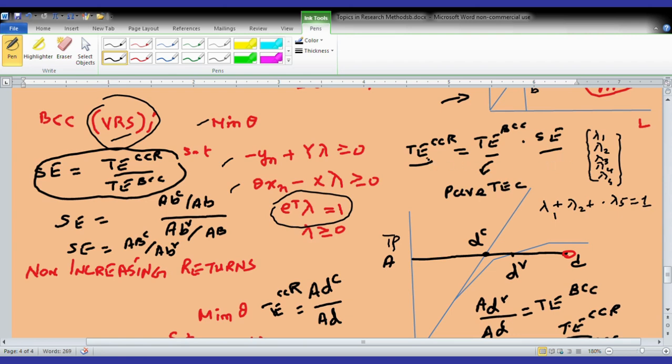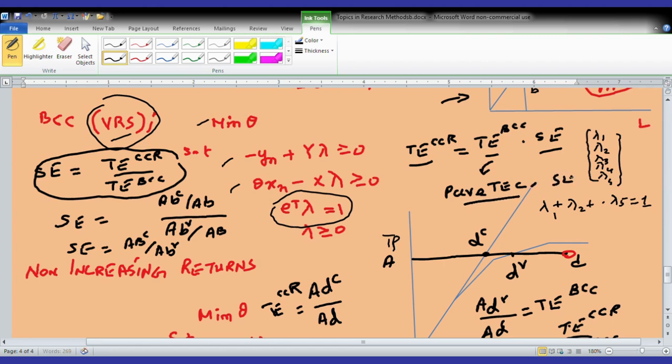So technical efficiency in the case of variable returns to scale can be decomposed into two parts: pure technical efficiency and scale efficiency.